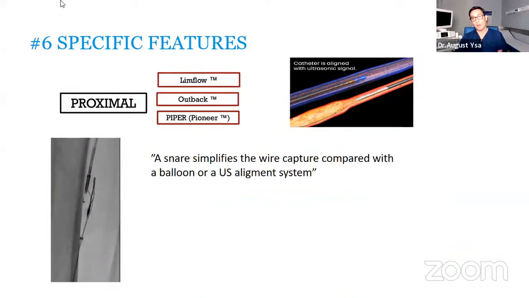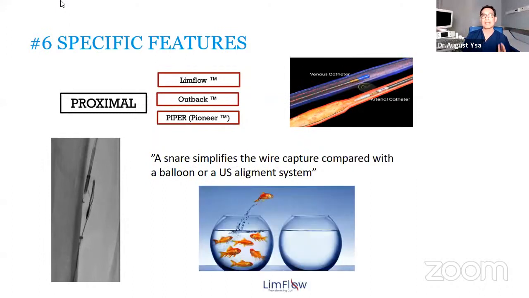So if we talk about the LimFlow device or the LimFlow-like maneuvers, I would say that a good way to simplify the procedure is to use a snare to capture the wires, because this makes the procedure quite straightforward. And in fact, the LimFlow device has moved to this sort of approach, and they have eliminated the ultrasound alignment of the catheters.